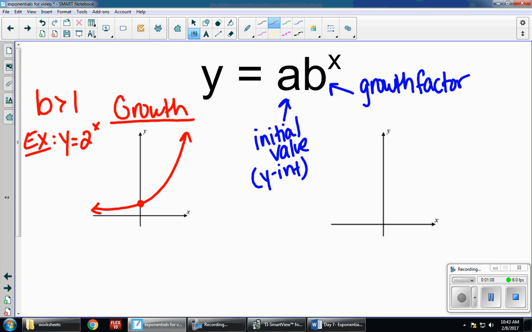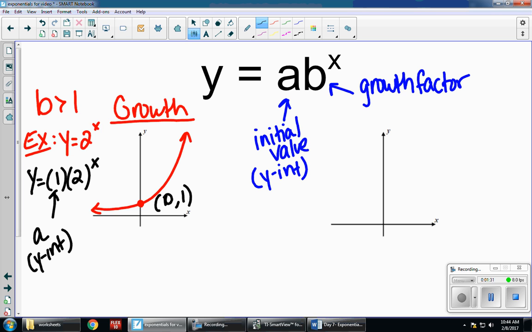Now, because a is my initial value or my y-intercept, and there's no number here for a, there's an imaginary 1, of course. So the y-intercept here is 0, 1. So this is really 1 times 2 to the x. Here's my a or my y-intercept.